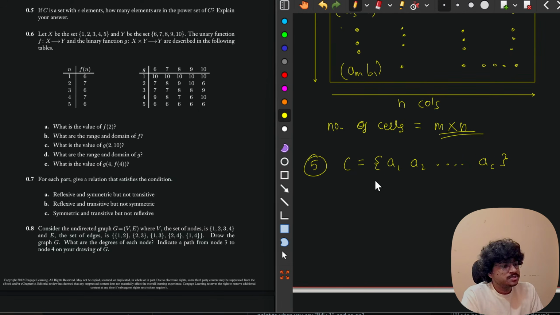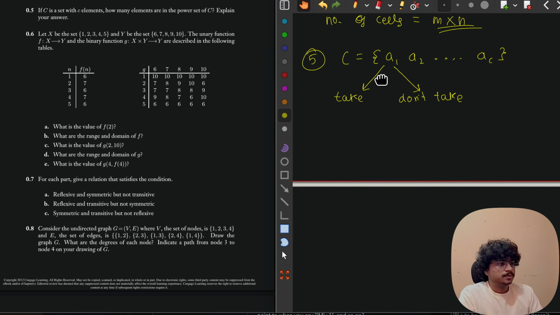Now to make a subset, you are allowed to take an element or not take it. So for each element, yes or no. Two possible cases.